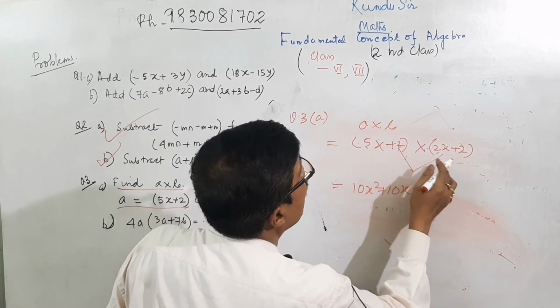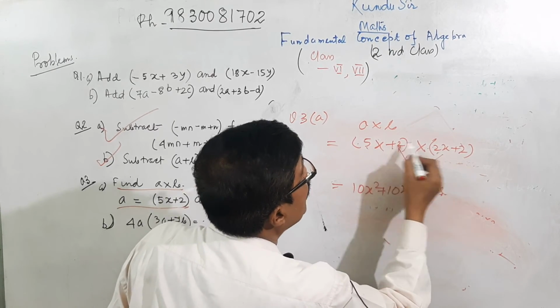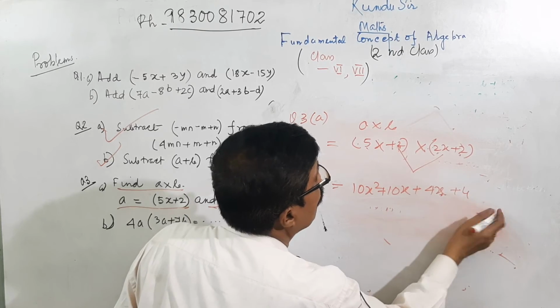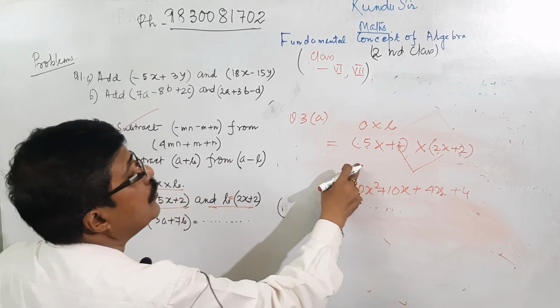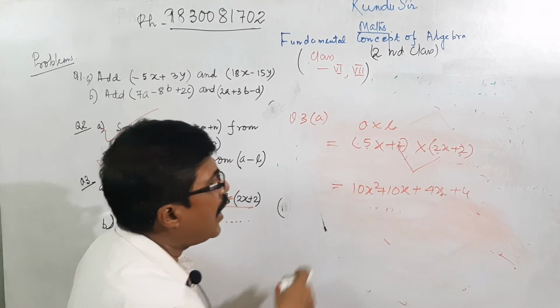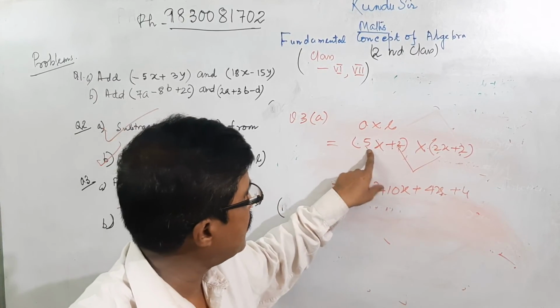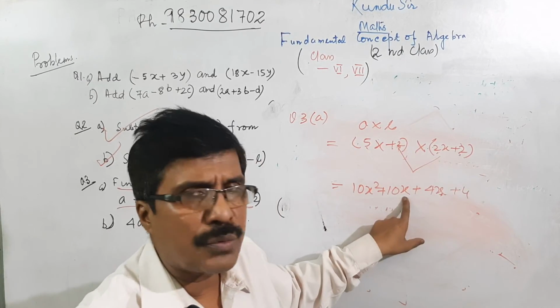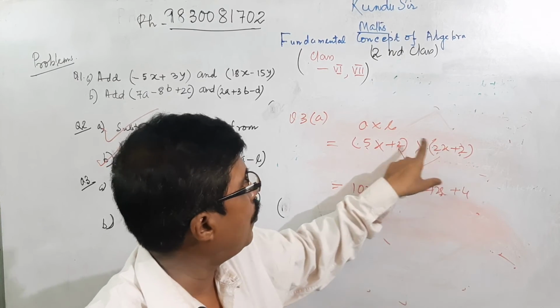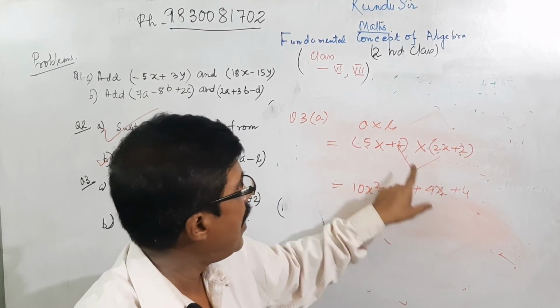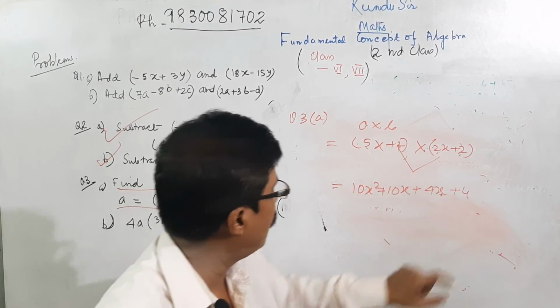And now 2 into 2 equals 4. So 5x into 2x equals 10x square. Then 5x into 2 equals 10x. Then 2 into 2x equals 4x. And 2 into 2 equals 4.